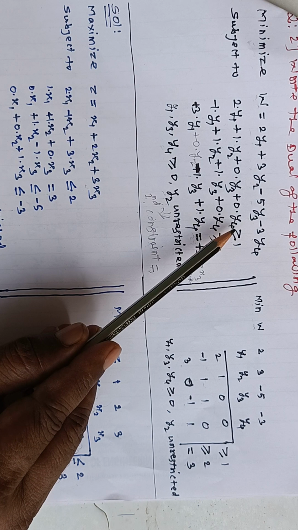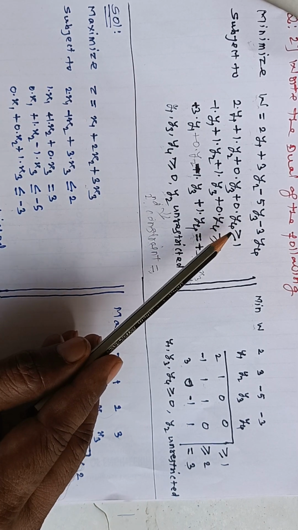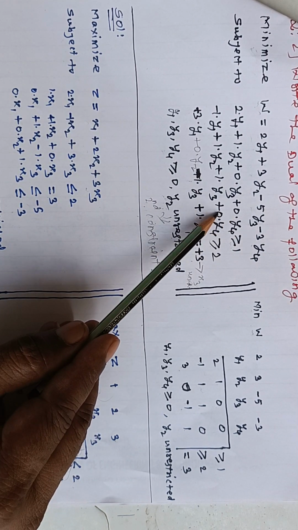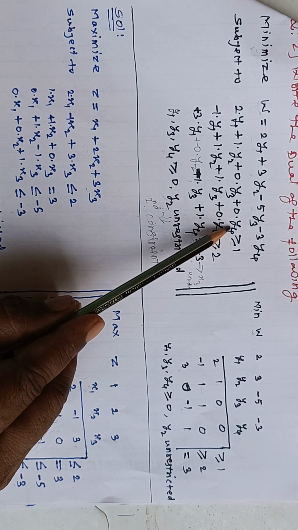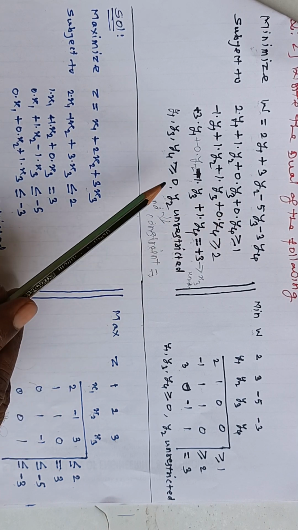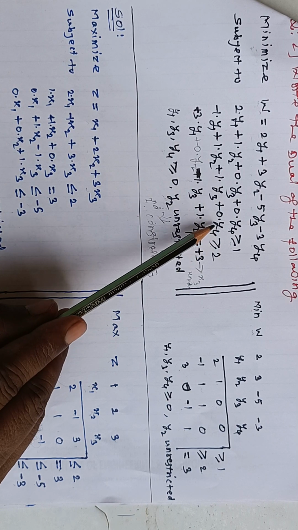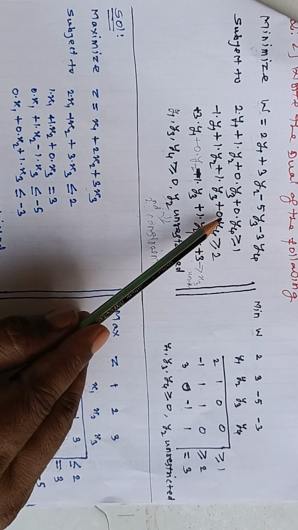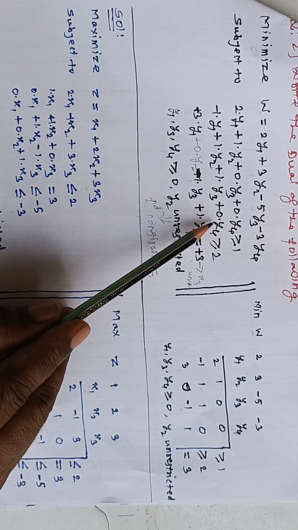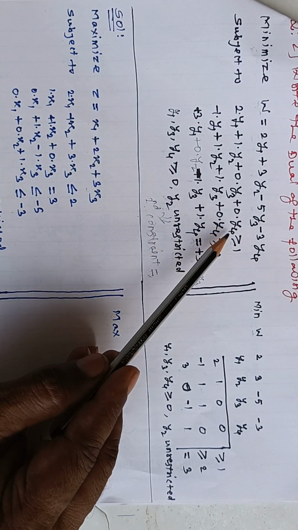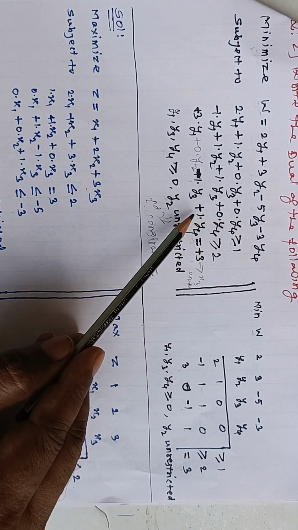And then the fourth variable, y4, its coefficients are 0, 0, 1, because in the first constraint y4 is not there. In the second constraint also y4 is not there. So 0 into y4 you have to add in the first and second constraints. So coefficients of y4 will be 0, 0, 1.